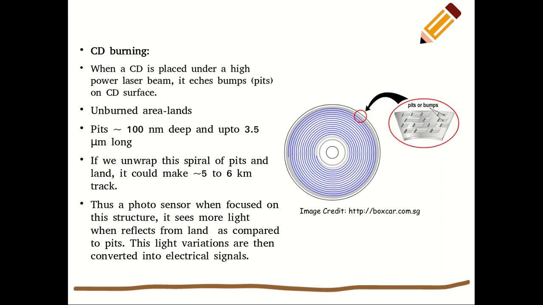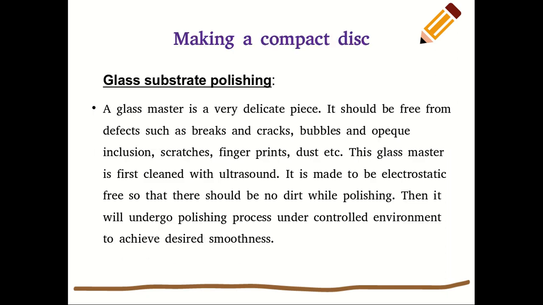Now whatever compact disc we see in our hand in our day-to-day life, the making of that CD is a very complex task. Basically, a CD starts from a very delicate glass piece, what we call the glass master.